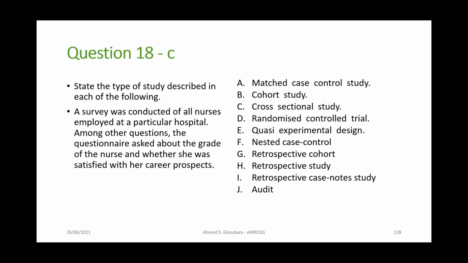The survey was conducted of all nurses employed at a particular hospital. The question asked about the grade of nurse and whether she was satisfied. Ask yourself, did you study the effect over time? No, we didn't. So this is a cross-sectional study. Most survey studies will be cross-sectional, but you need to read the question properly.